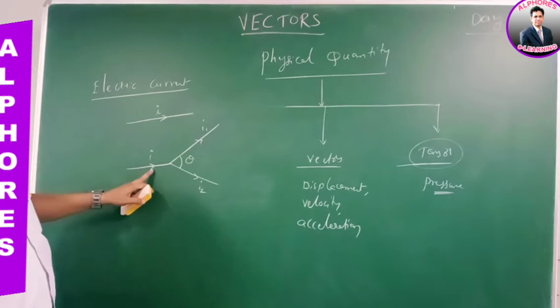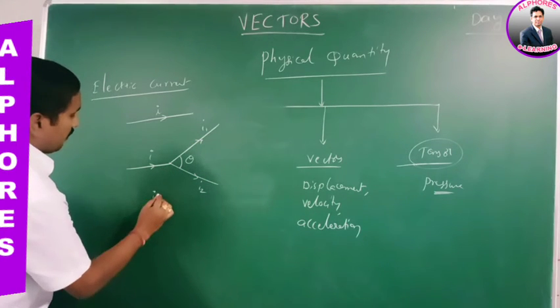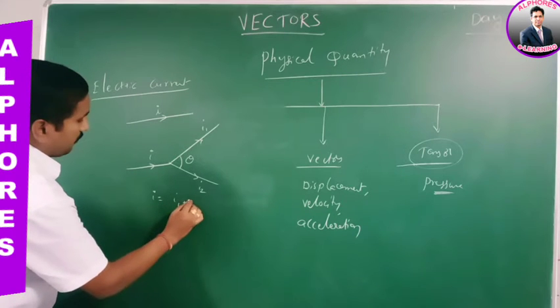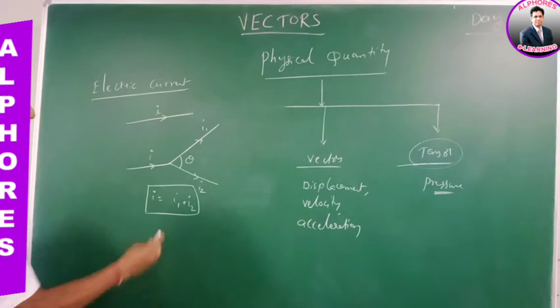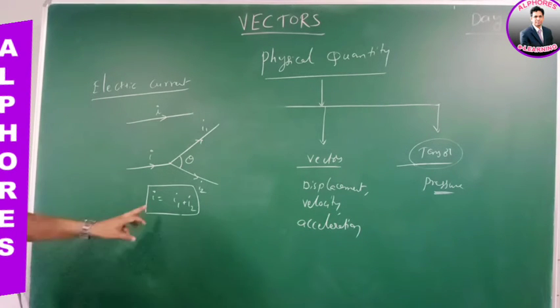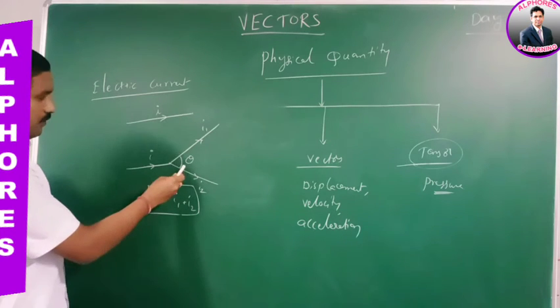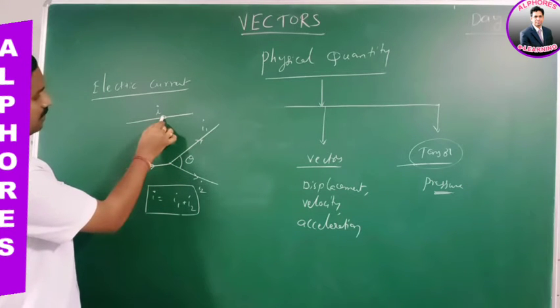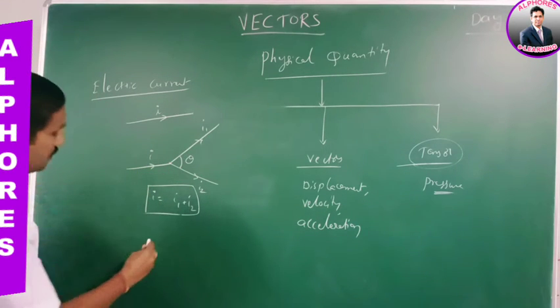Suppose the incoming current is I; then what is the outgoing current at the junction? As per our knowledge, I is equal to I1 plus I2. This is Kirchhoff's first law, in our second year syllabus or 10th class. So I is equal to I1 plus I2. That means this electric current does not obey the laws of vector addition, so I have to take the contradictory condition for this.